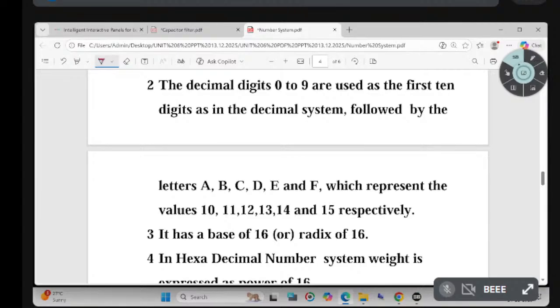It is base 16. What is weight? Weight is expressed as power of 16.